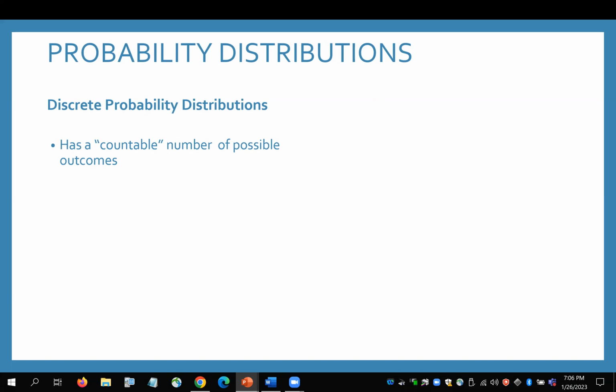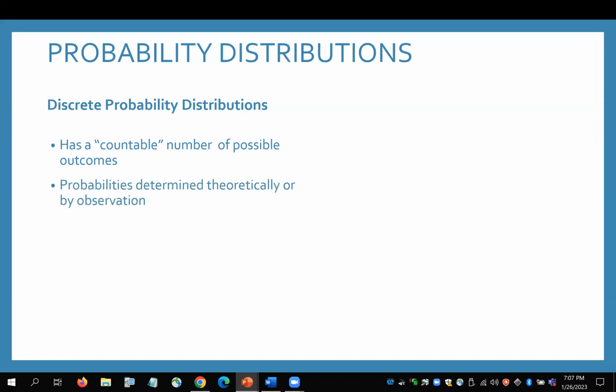We were counting and it was whole units. So a discrete probability distribution has a countable number of possible outcomes. I'm going to flip my coin 10 times, so I'm going to have 10 outcomes, 10 things that could happen.